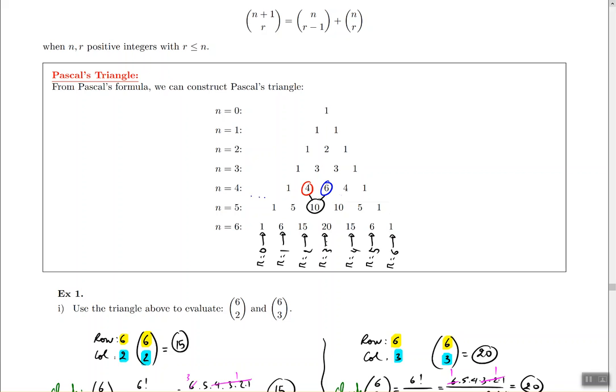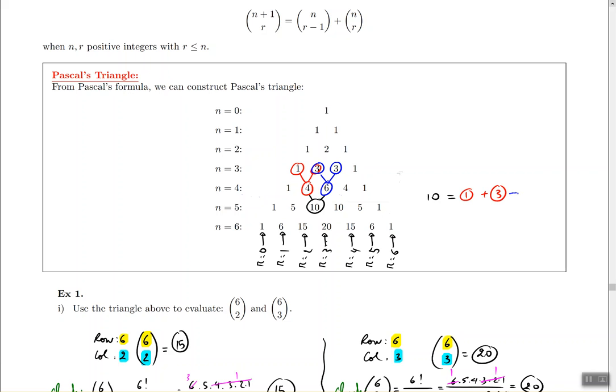Now if I didn't want to choose this row and I want to choose the previous row, what would I have to do? Well, to get the 4, I would have to add 1 and 3 together. And to get the 6, I would have to add the 3 together with the other 3. So basically, to get 10, I must add the 1 that was in red plus the 3 that was in red.